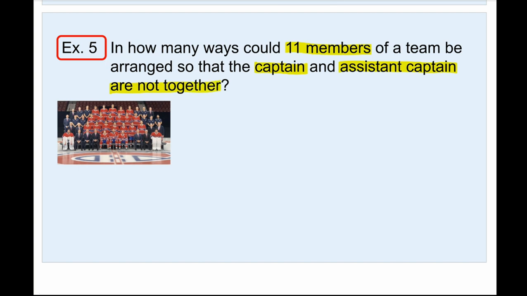So this would be a scenario of when are they 1 spot apart, 2 spots apart, 3 spots apart, 4 spots apart, and so on. If I draw all my spots out, there's 1, 2, 3, 4, 5, 6, 7, 8, 9, 10, 11.